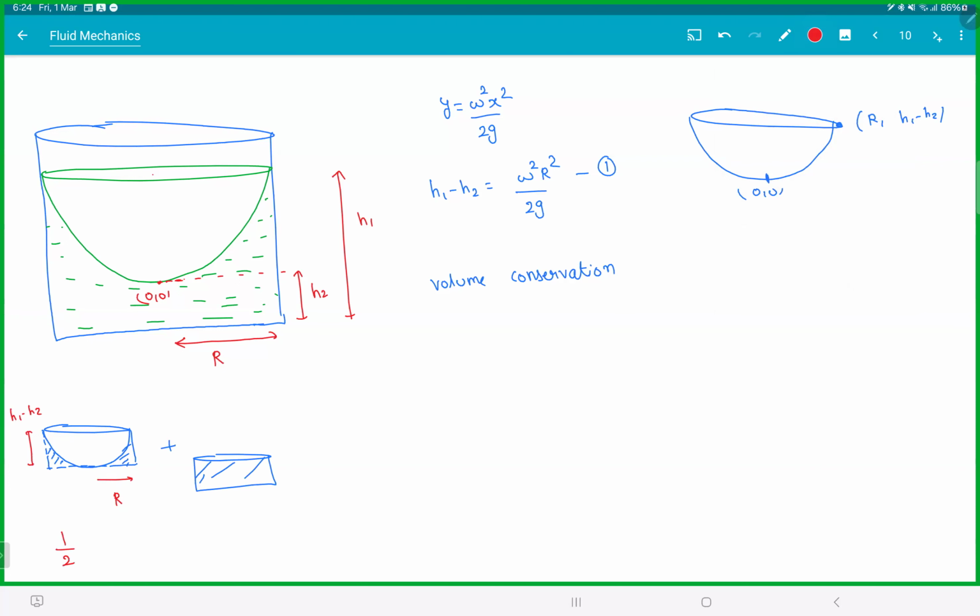So this is half of pi r square (h1 minus h2), and this will be h2, so plus pi r square h2.